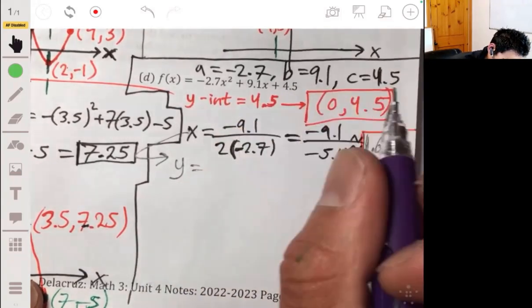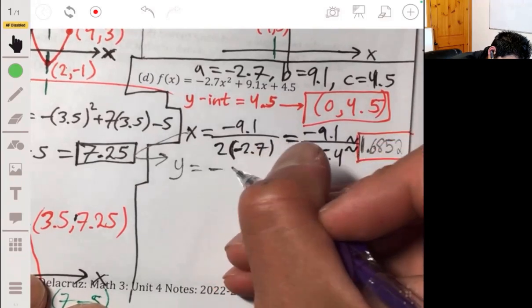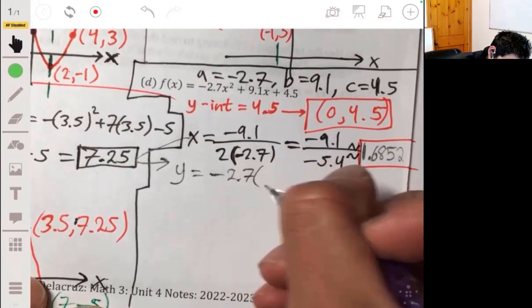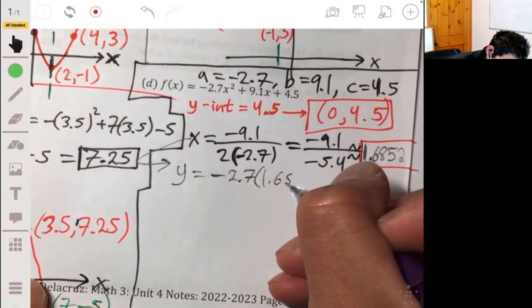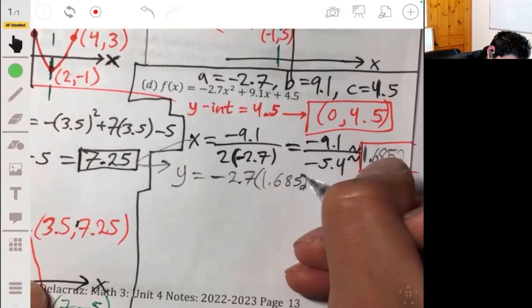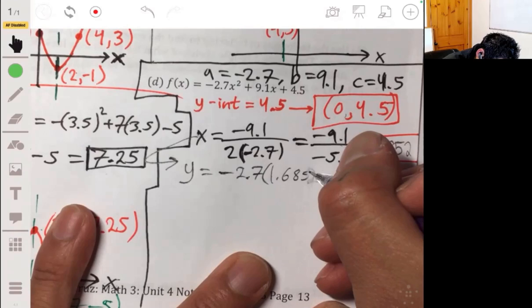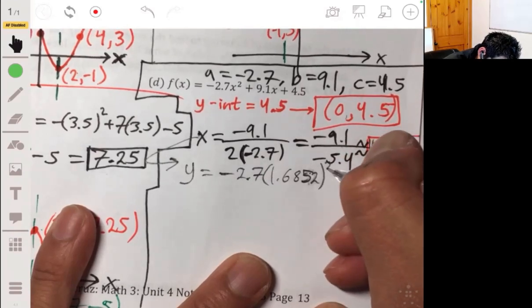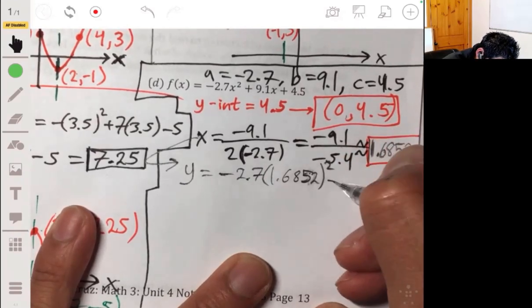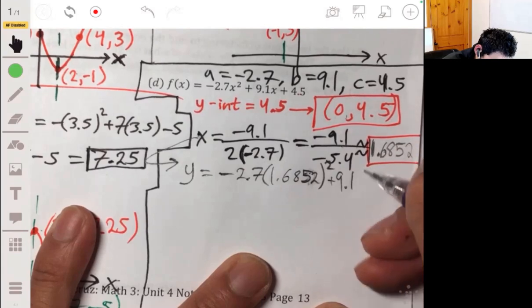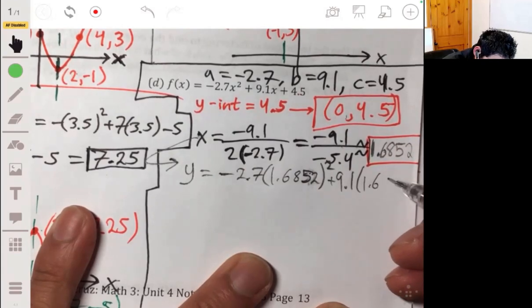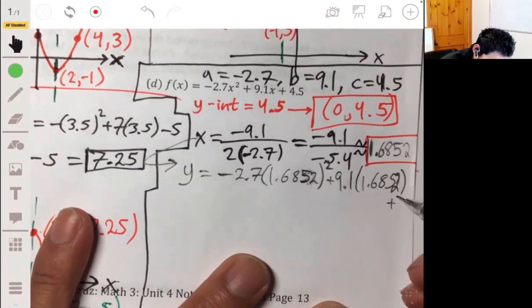Plugging that into here. -2.7 times 1.6852 squared, plus 9.1 times 1.6852, and a plus 4.5.